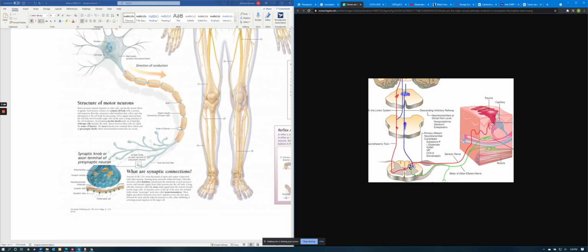To open or close the gate, to allow the signal to go through, to not allow it to go through, to increase how much goes through, or to decrease how much goes through. And this usually only happens after the signal's been going for a while. And especially for several months, if you've had migraines for a long time, like you've had, then we're going to see that there are absolutely changes going on in the spinal cord and then also in the brain as well.